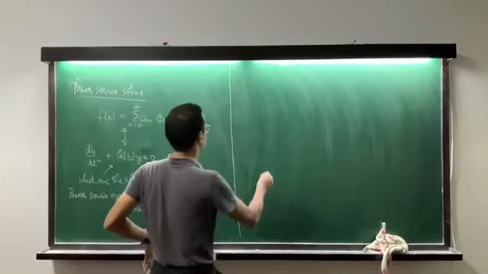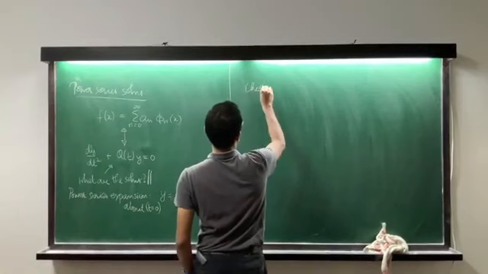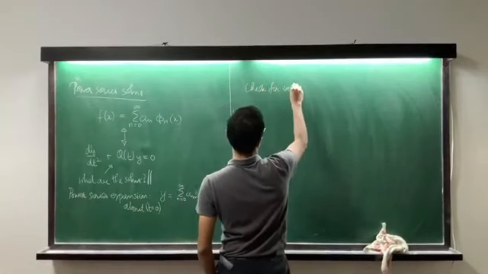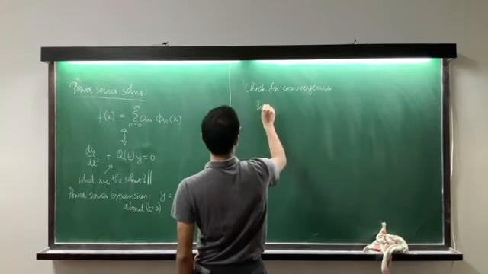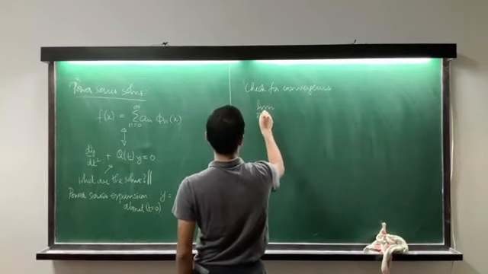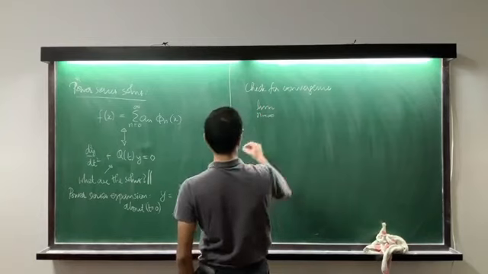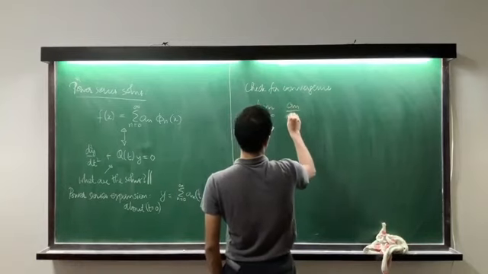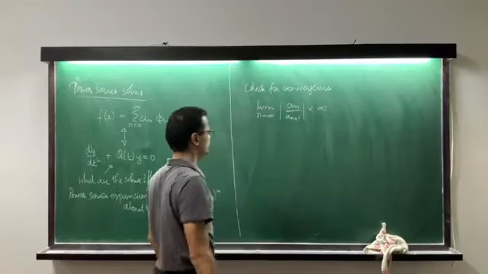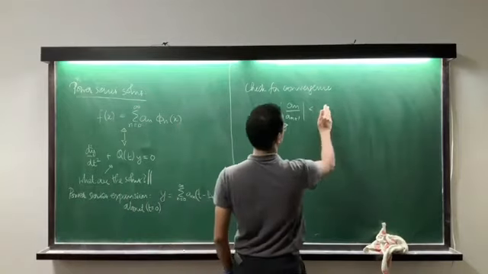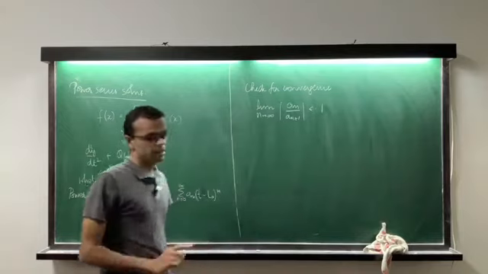And for that we need to check for what is called convergence. Convergence of a series. It's a very simple idea. You just take the limit as n goes to infinity of the coefficients a_n divided by a_(n+1). Take the magnitude. If that's less than 1, then this is bounded.